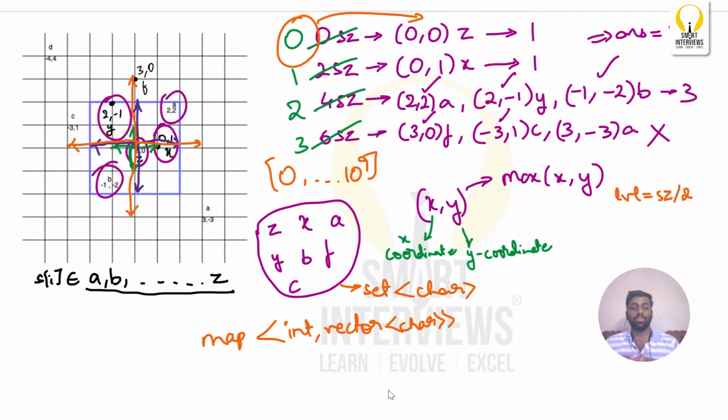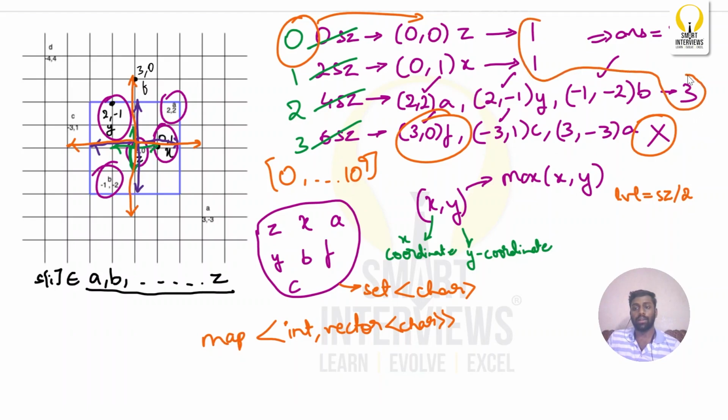So I'm going to use a map of int comma vector, and I'm going to use a set of characters. Now the map of int comma vector should be filled first. After filling, I need to iterate level by level and fill in my set of characters. Even if one point fails in any level, I am going to stop my iteration entirely, and whatever the sum is until then forms my answer.